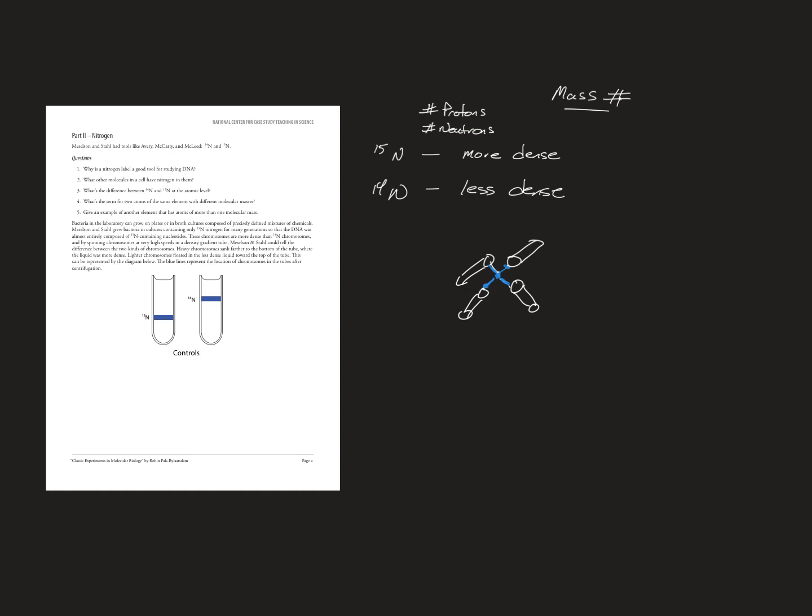all right, so if we took this material and we put some material in these test tubes, let's make N15 red, and we can make N14 blue. If we did that, and they're together when we start spinning them, they're together.